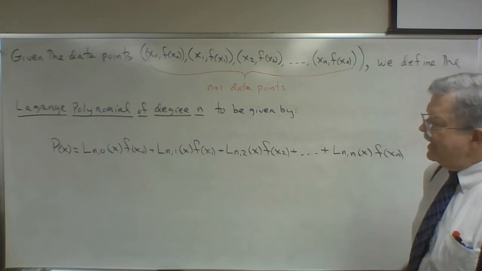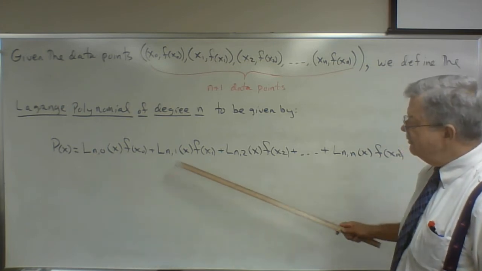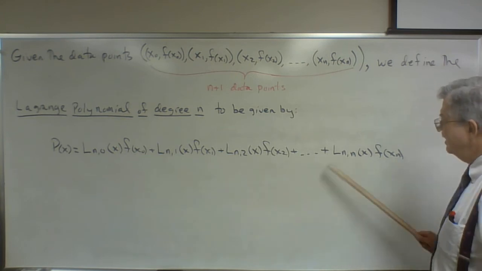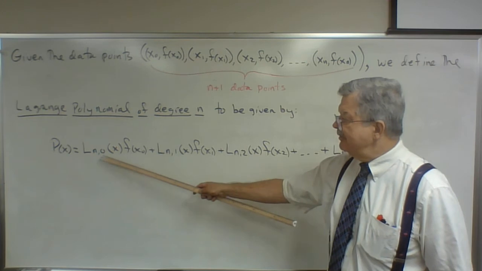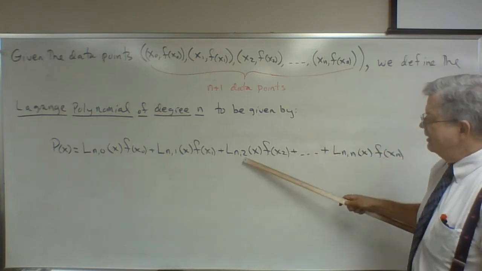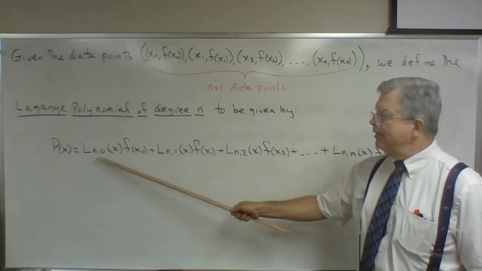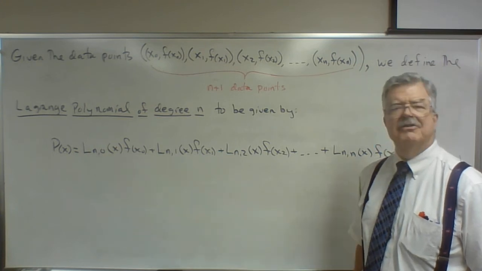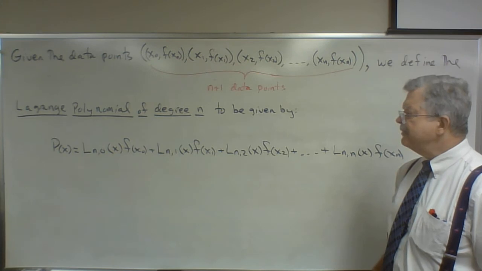And notice that the first subscript of all of these functions is n: L sub n comma 0, L sub n comma 1, L sub n comma 2, L sub n comma n. So the first subscript of all of these functions is n. We'll see why in a couple of minutes.